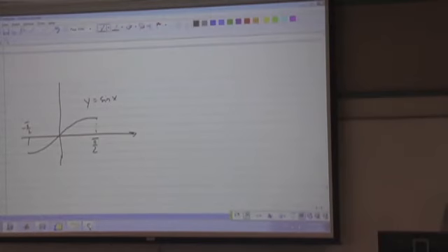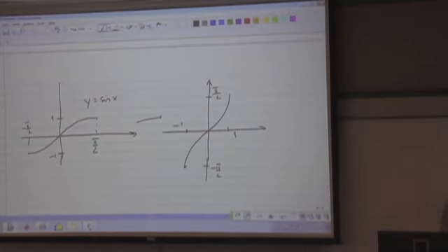So when you reflect this along the line y equals x, instead of having the point there, you end up with minus 1, 1, pi over 2 and negative pi over 2. And we start on the bottom here, right? And how do we go? We'll go this way and end up there. Is that making sense?